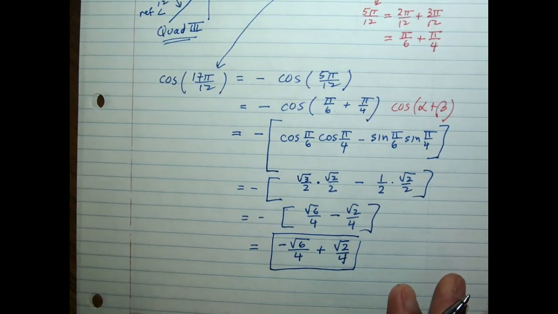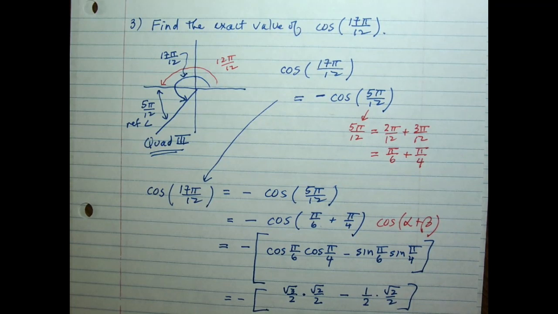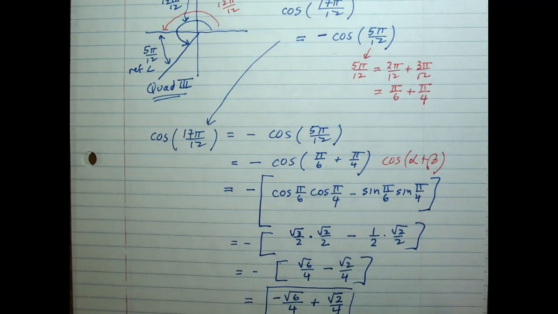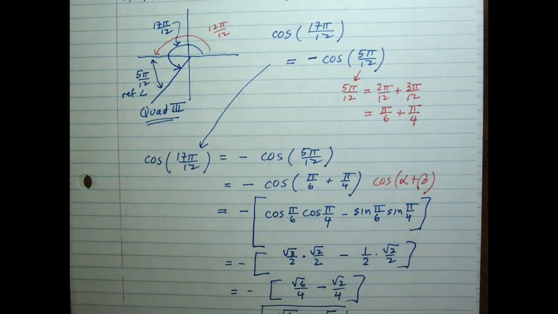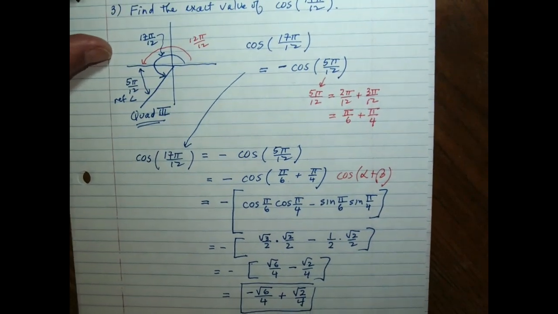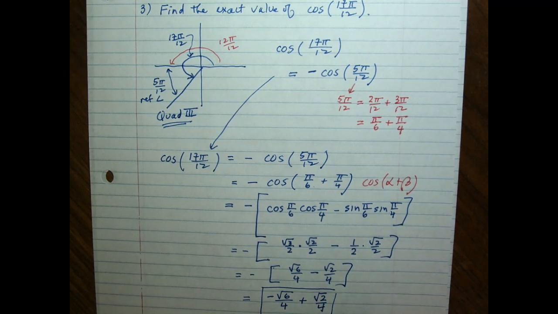So I wanted you to see one where we did a combination of working with reference angles to get a smaller angle, and then applying one of these sum or difference identities. So that's the end of this portion. We have more problems in the next video.